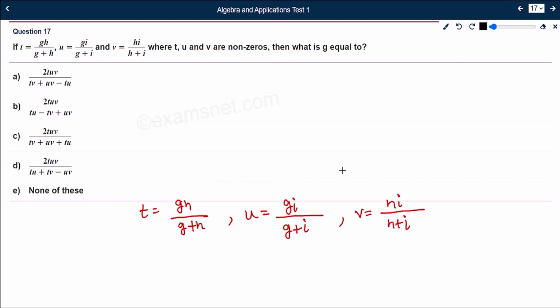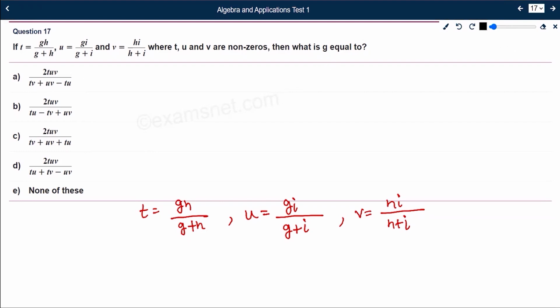This type of sum is better done with the help of the options. You have to check each of the options individually, putting all the values in each expression, and see which expression will give you the value g.